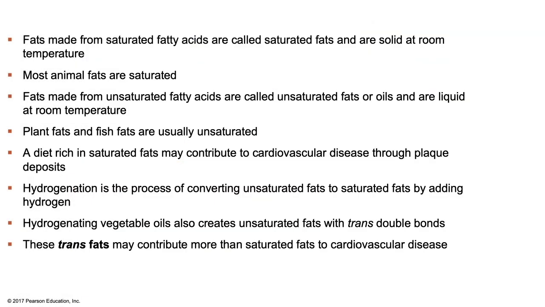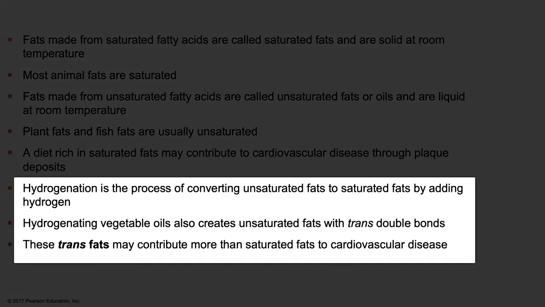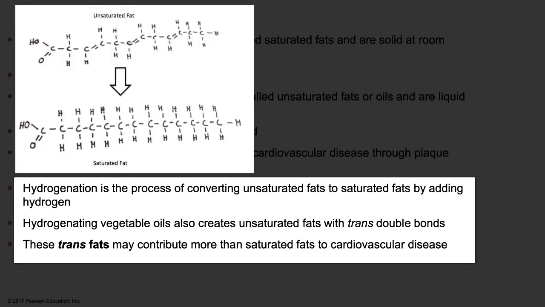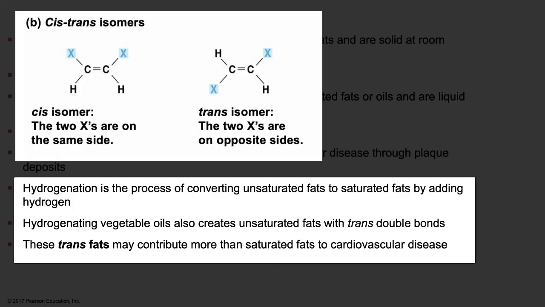You may have also heard of hydrogenated oils. Hydrogenation is the process of converting unsaturated fats to saturated fats, and we do this by adding hydrogens. This converts the double bonds into single bonds. And you've probably also heard of trans fats. So recall from the last chapter, the type of isomer called a cis-trans isomer.